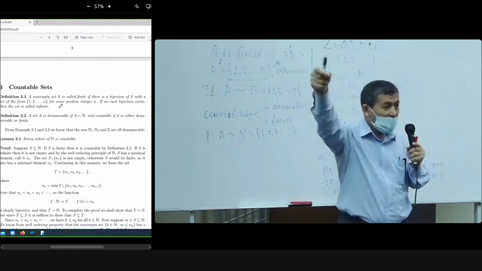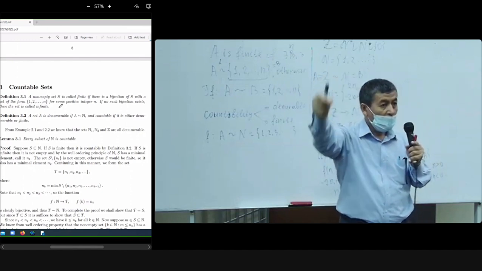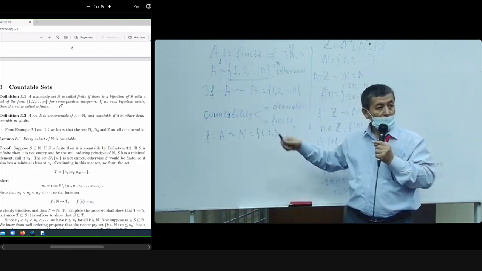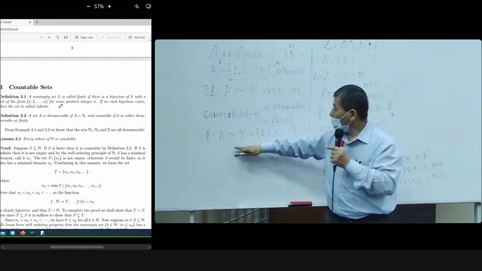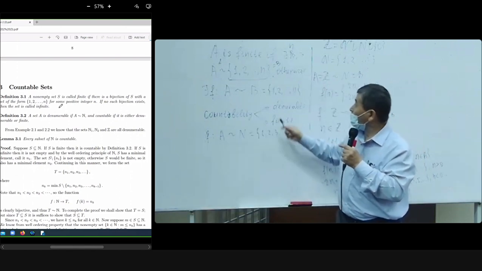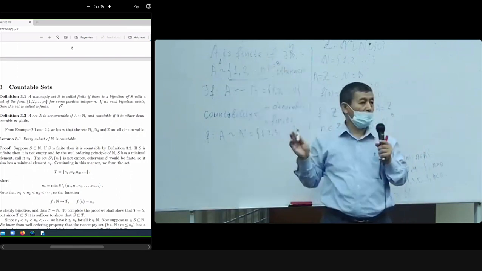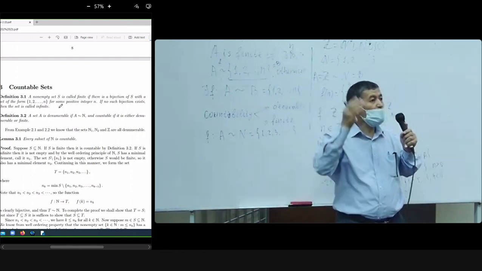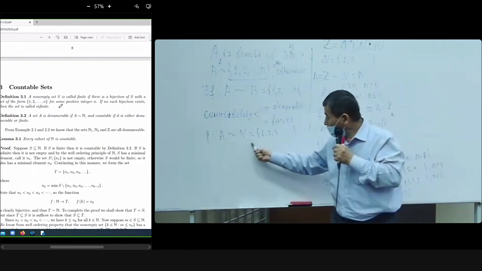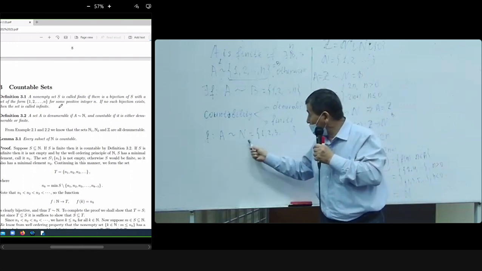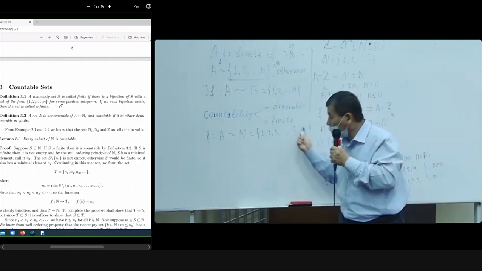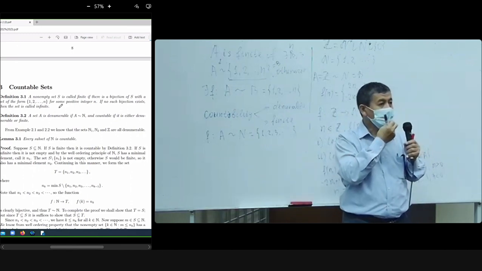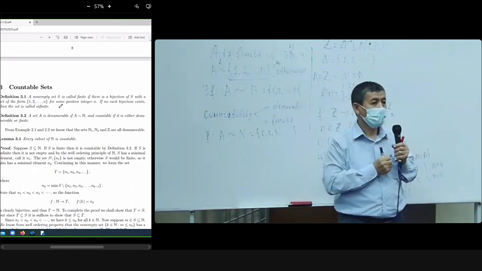It might have infinitely many elements, but there is an equivalence. Countability includes finite sets. And if there are infinitely many elements in the set, it is also countable, but only because it can be counted by N.